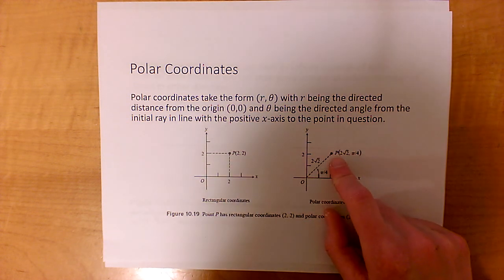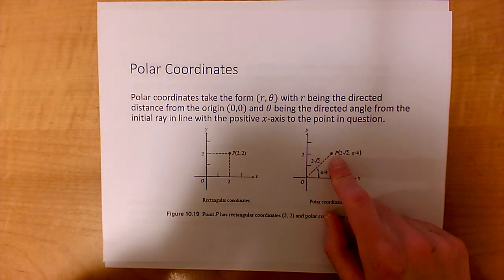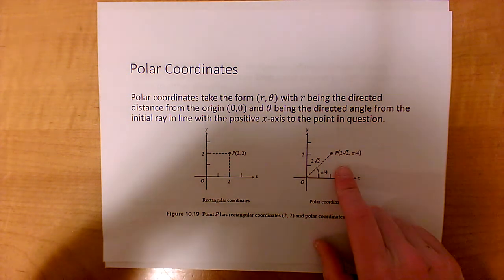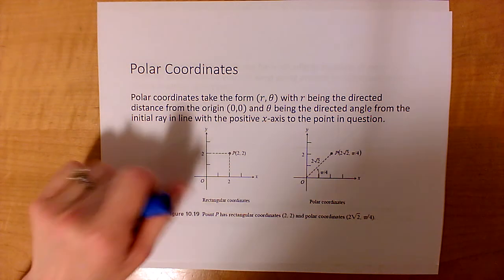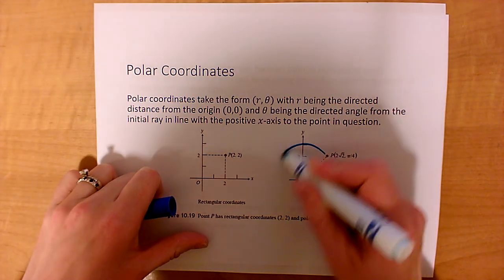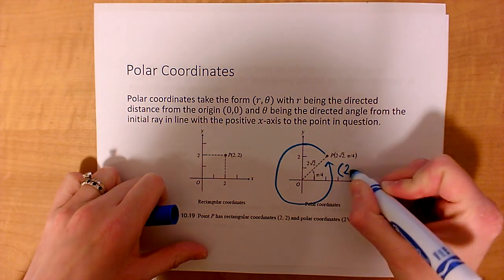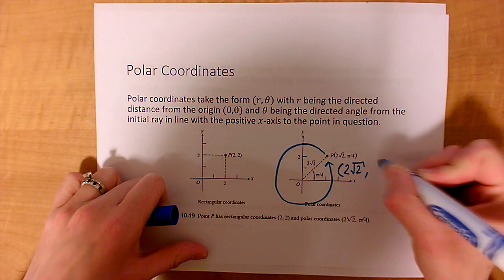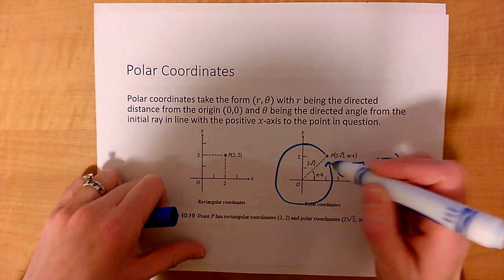But if we switch over to polar form, there is an infinite amount of ways that we can write our coordinates for this same point. So we could have 2 root 2, pi over 4, or we could go around the circle and add 2 pi to it, and then we would have 2 root 2, 9 pi over 4.